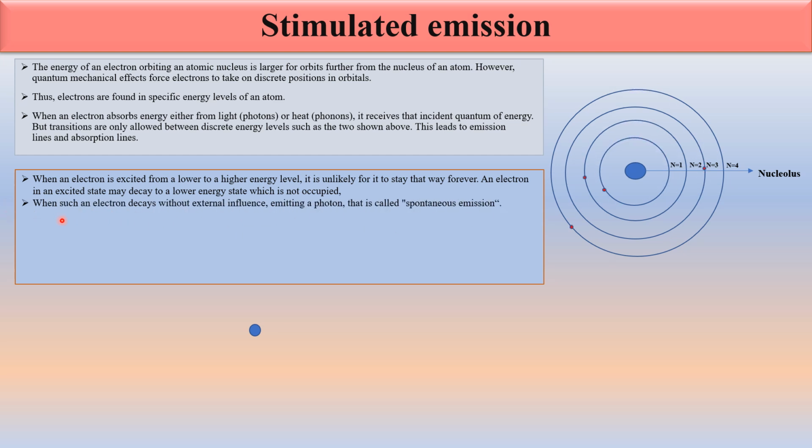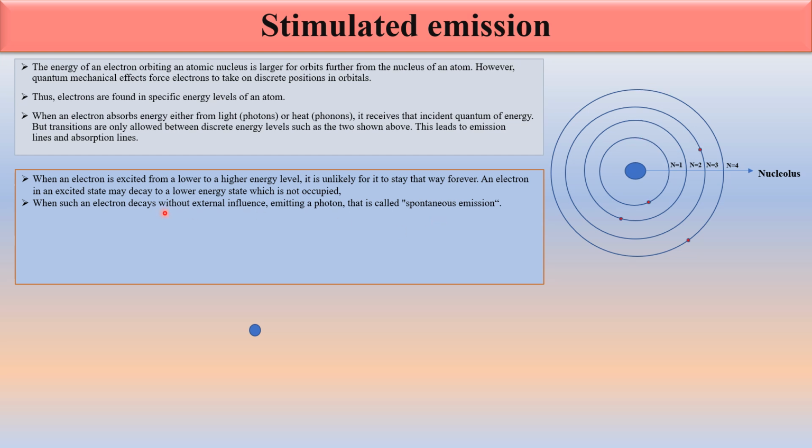When such an electron decays without external influences and emits a photon, that is called spontaneous emission. It means when the electron moves from a higher energy level to a lower energy level without interaction of any external photons with the excited state electrons, this process is called spontaneous emission.